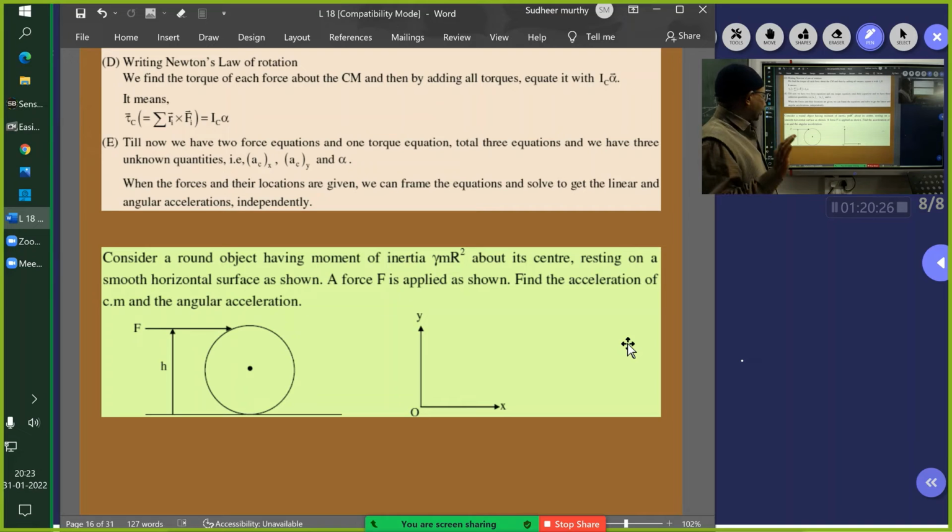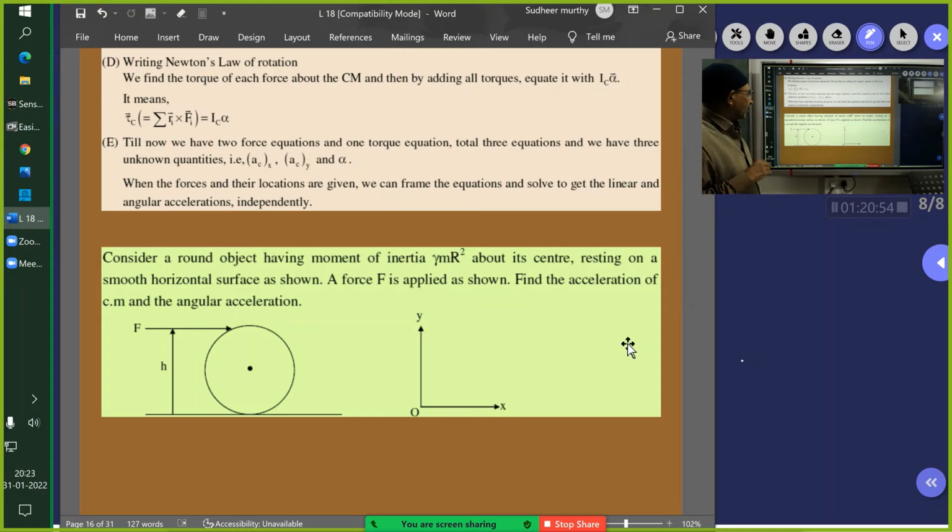So find the acceleration of the center of mass and the angular acceleration. They have asked you these two cases. That's all. So just do that. Now don't think about it. It can slip, it can slide, or it can roll, or it can do both. All the possibilities are there. So don't worry about all those things. Just find the acceleration of the center of mass.